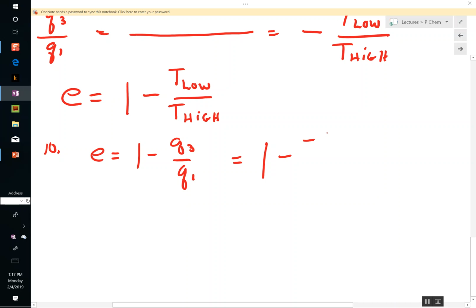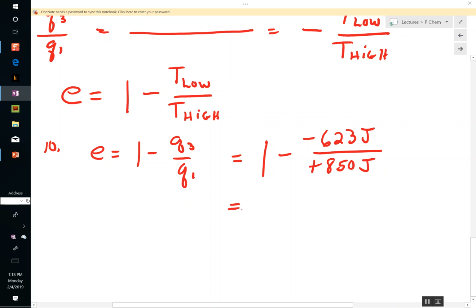Well, there's some way to set it up. It's 1 plus. Would you get a positive? You'd get over 100% if you did that, so you have to do minus. Plus is for T low and T high. Minus is only for 2.